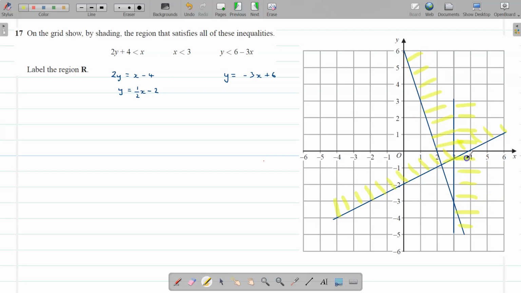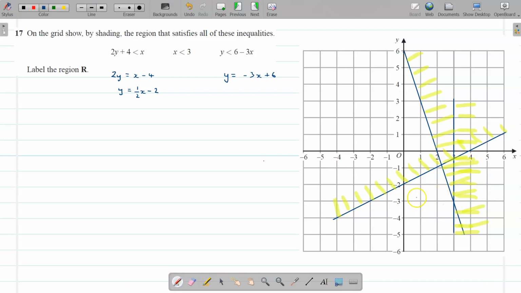Okay, so I've shaded in the unwanted parts, and by doing that, I'm left with this region here, below this line and up to this vertical line here. I'm just going to make my shading clear around that area, and that's my region R.